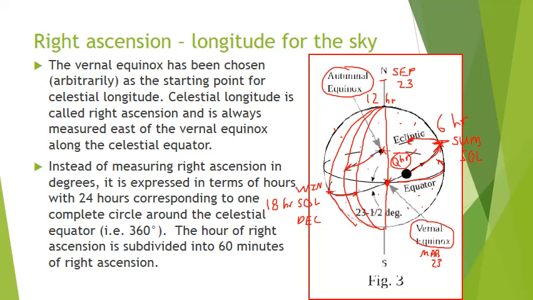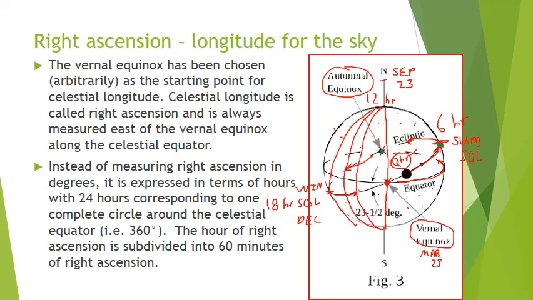When it is at the summer solstice, when it's at this point, we would say it's got a declination of about 23.5 degrees, how far north it is of the celestial equator on the summer solstice, and it's got a right ascension of 6 hours. When it's back here at the autumnal equinox, it's got a declination of 0 because it's right on the celestial equator again, and it's got a right ascension of 12 hours.